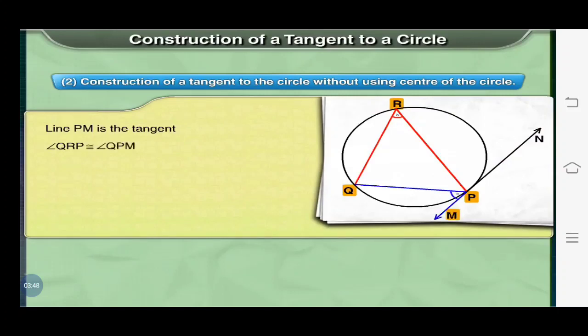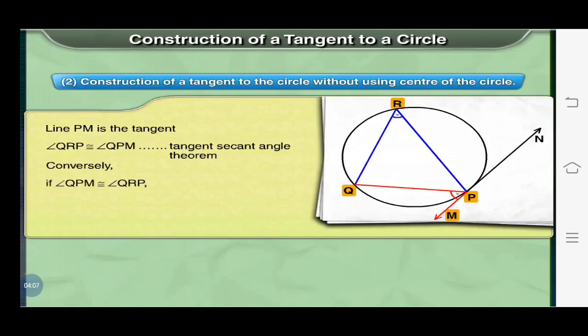Conversely, taking QP as one side and P as the vertex, if we draw angle QPM such that angle QPM is congruent to angle QRP, then the line PM must be a tangent to the circle. From this, we can draw inference that if we construct the congruent angles, we will be able to get a tangent.